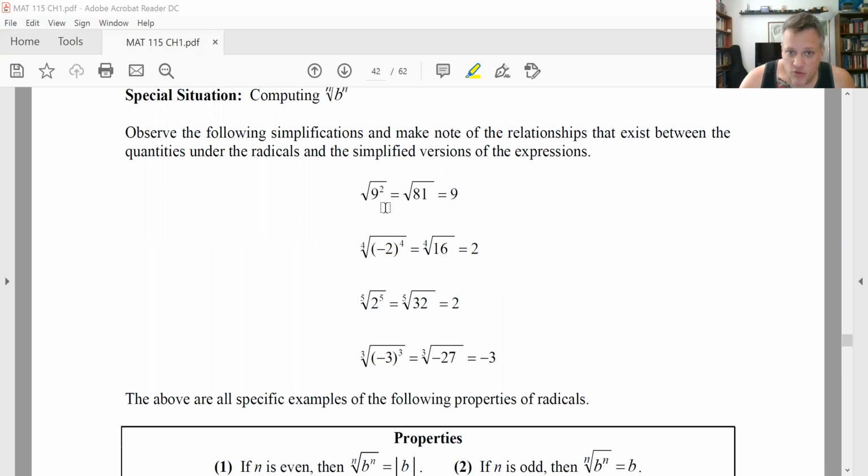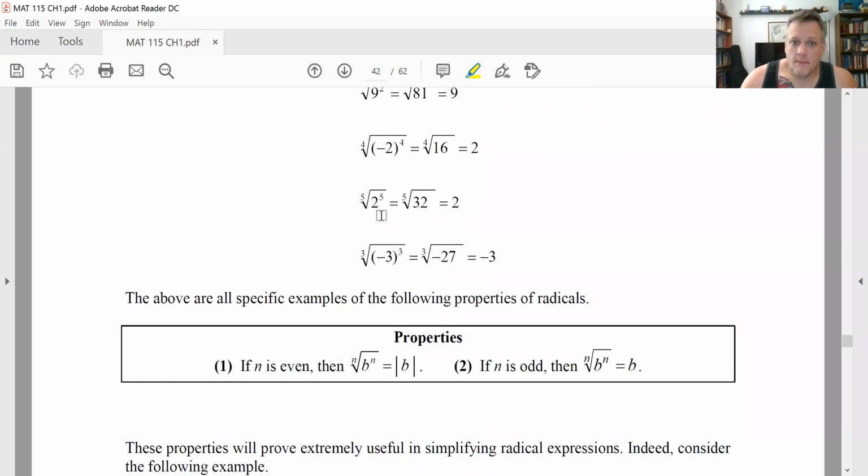But they do bear relation to the thing being raised to the power every time. Here 9 gave you this guy, -2 became 2. So it's almost as though you get the absolute value of the thing being raised to the power inside, if in fact it's an even root. That's what I'm saying here. But in the case when it was an odd indexed root, the negative remained, right? And so we don't actually have an absolute value in this case.